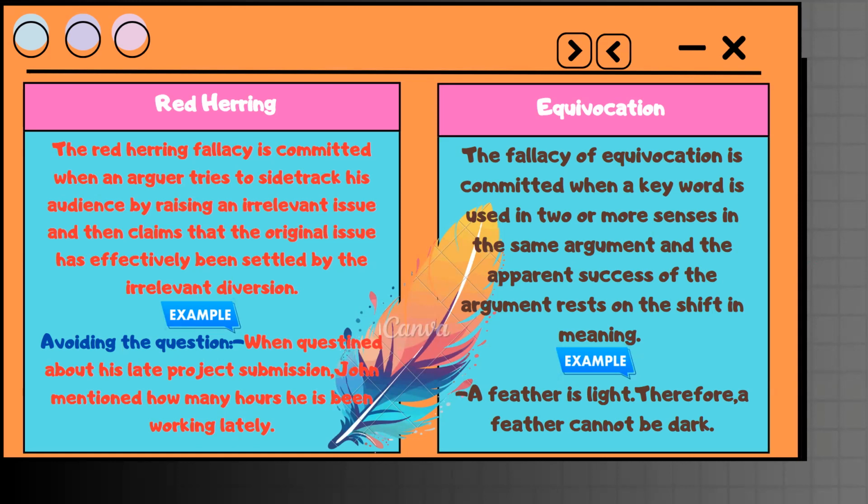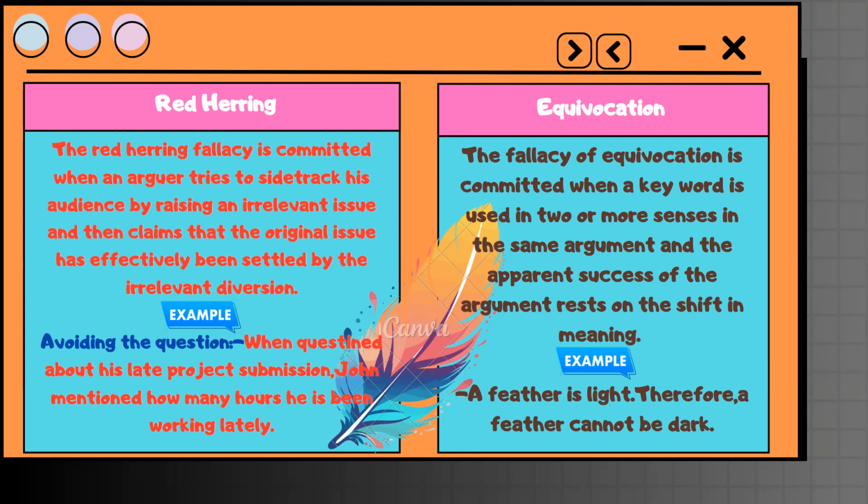And there is an example, avoiding the question. For example, when questioned about his late project submission, John mentioned how many hours he's been working lately. The other one, equivocation, is an informal fallacy resulting from the use of a particular word in multiple senses within an argument.